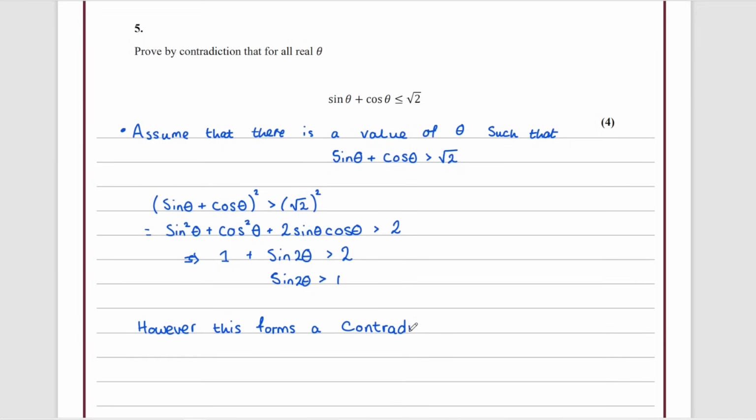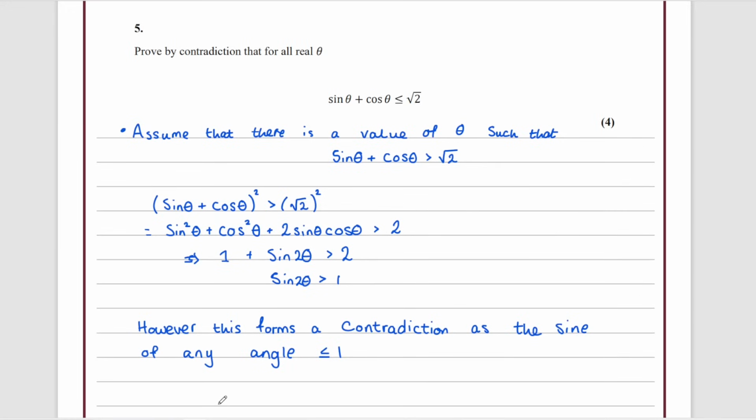This forms a contradiction as the sine of any angle must be less than or equal to 1. So therefore, this proves the original statement here.